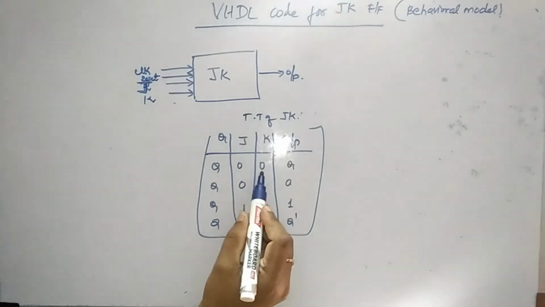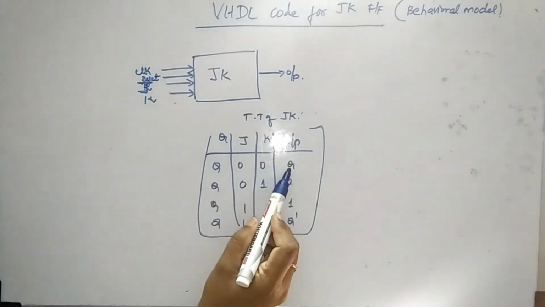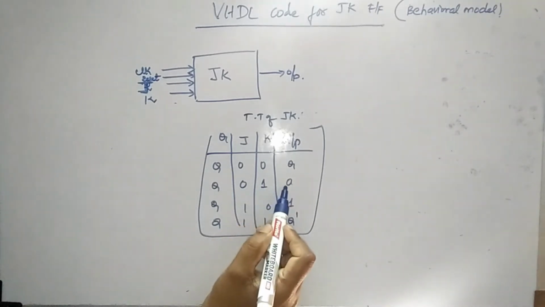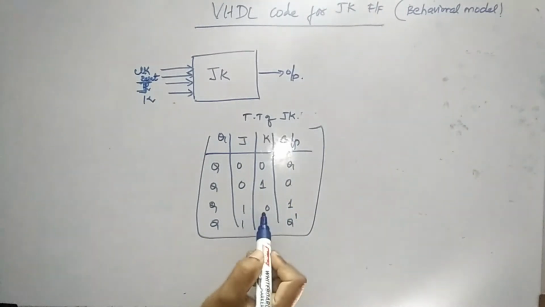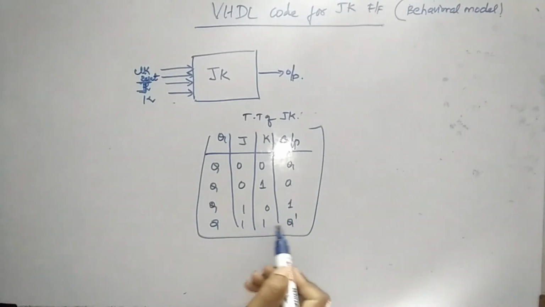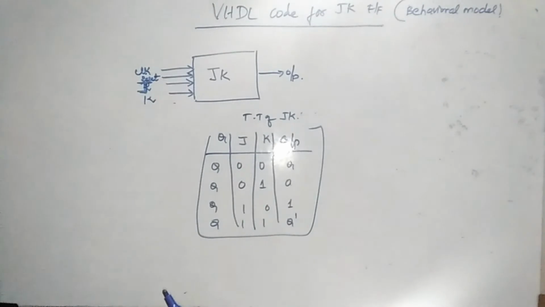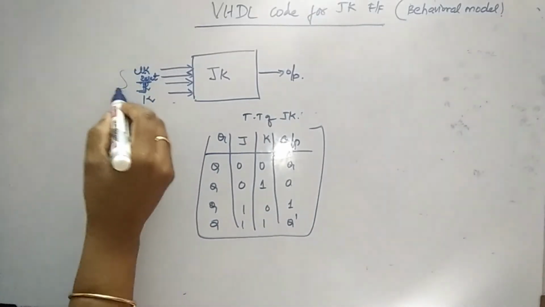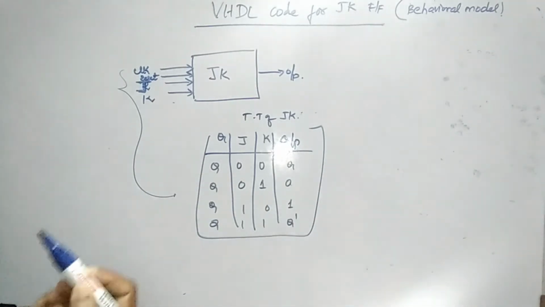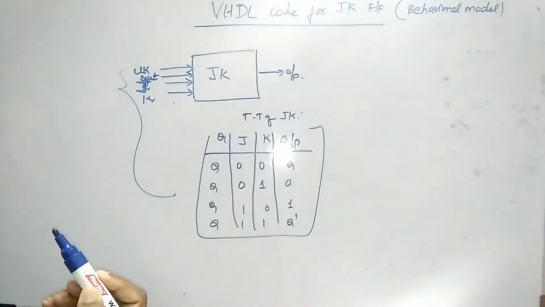Students, we are very much aware of the inputs. When J and K are zeros, whatever is the present state will be our output. When J is 0 and K is 1, we get 0. When J is 1 and K is 0, we get 1. And when both J and K are 1, we get the complement of the present state. This is the crucial part for writing the VHDL code for the JK flip-flop.